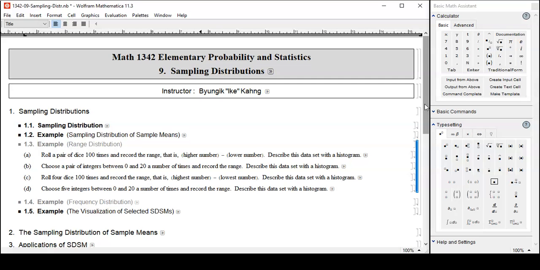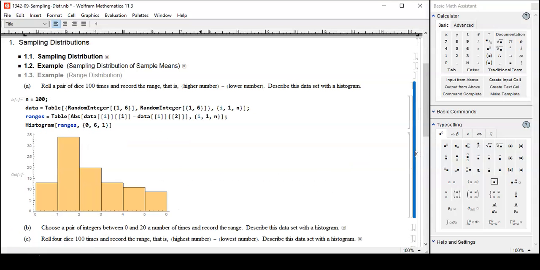Roll a pair of dice 100 times and record a range. So instead of the sampling distribution of sample means, let's consider the sampling distribution of sample ranges. That is the highest number minus the lowest number, and here's a histogram.